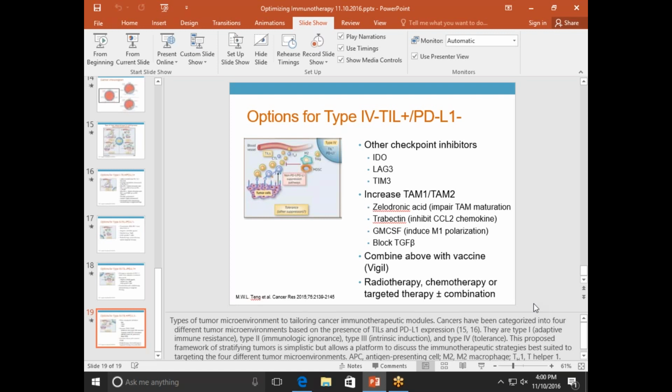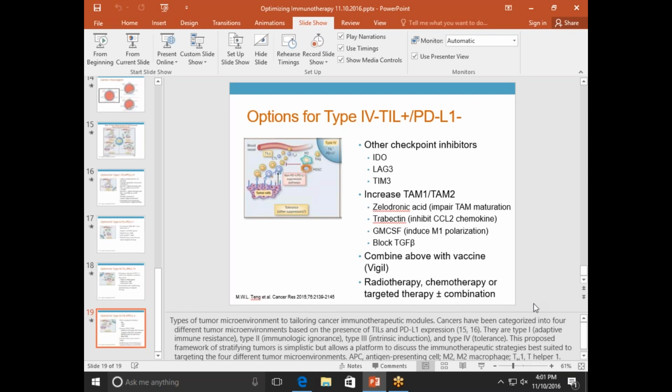That's great. But we can't forget the fact that these last 4 slides were essentially modeled on a situation where the major problem in terms of an effective immune response is the checkpoint expression. But we have to keep in mind that some tumors won't have MHC expression, and that becomes a different problem.